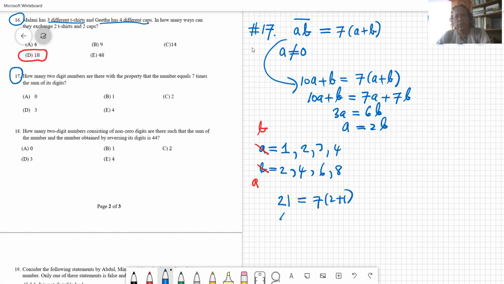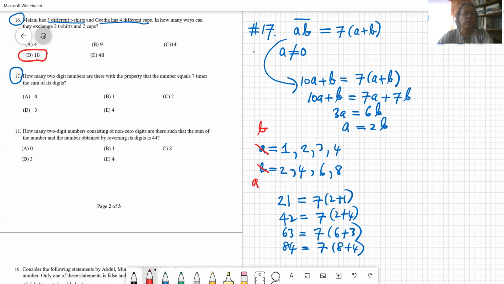And then we have 42, so this is 7 times 2 plus 4, and then we have 63, and this is 7 times 6 plus 3, and then we have 84, and this is 7 times 8 plus 4, right? So the answer is 4, right?